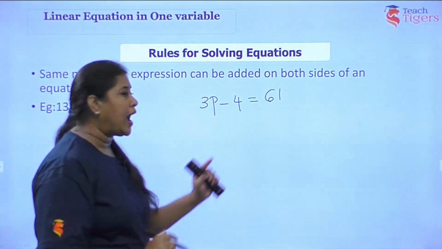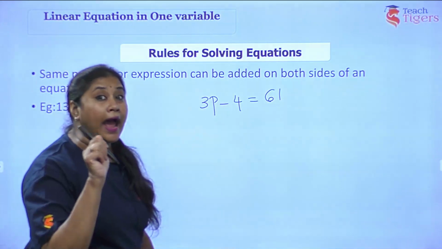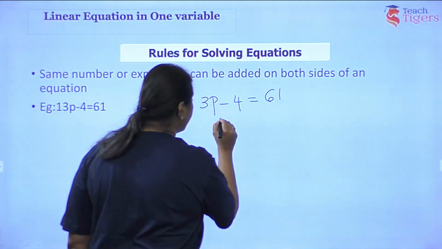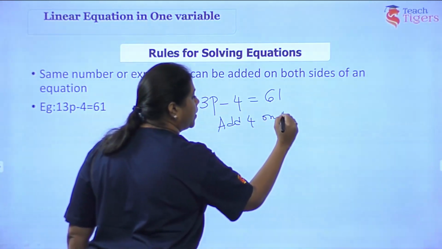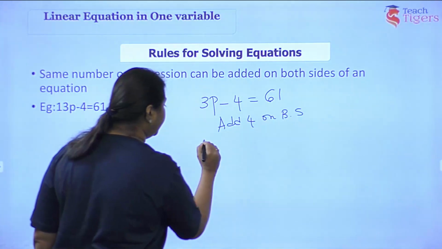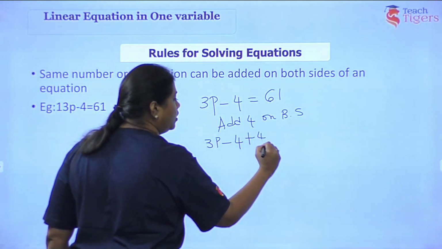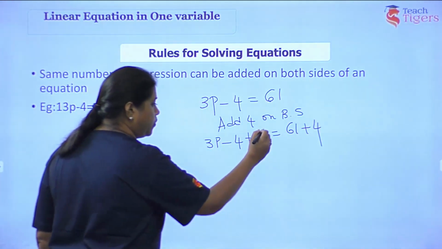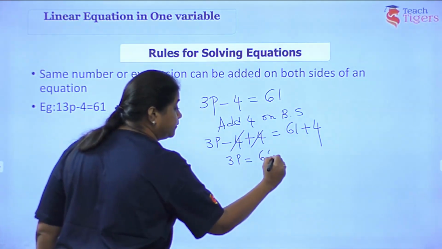So I'll take out this 4. To take out this 4, I have to add 4, because minus 4 and plus 4 will cancel. So add 4 on both sides. 3p minus 4 plus 4 is equal to 61 plus 4. Now the 4s cancel. 3p is equal to 65.